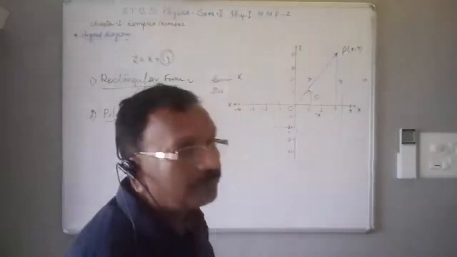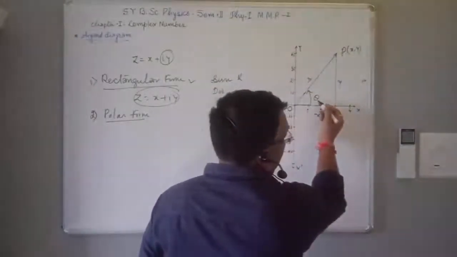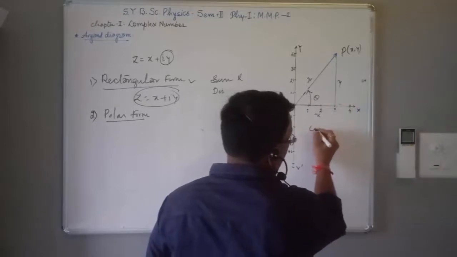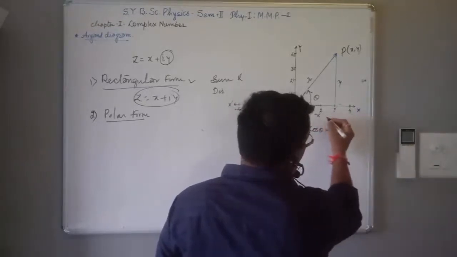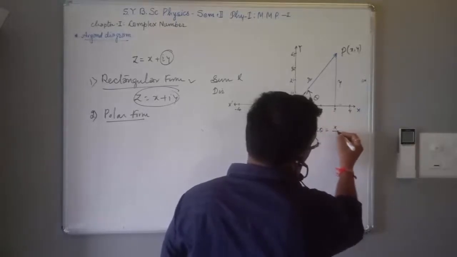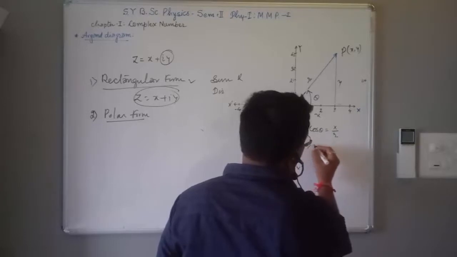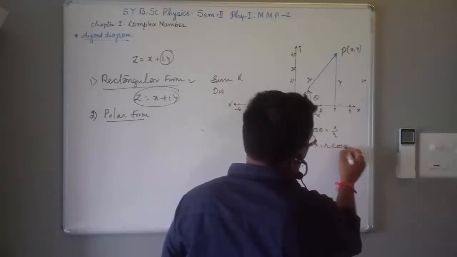From this figure, we can write cos theta is equal to adjacent side x upon hypotenuse r. This implies x is equal to r cos theta.